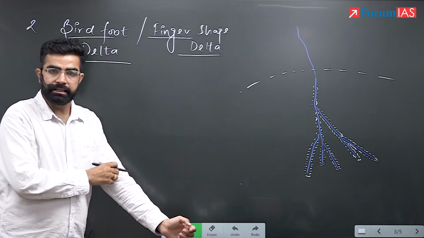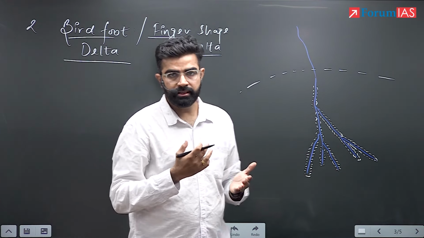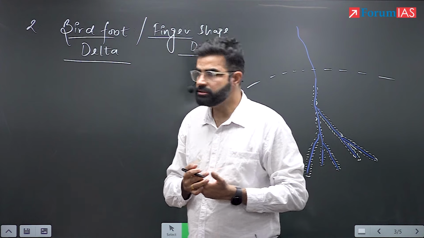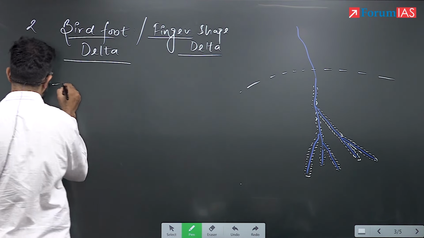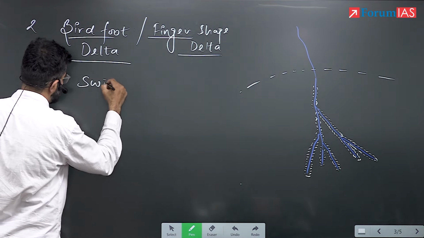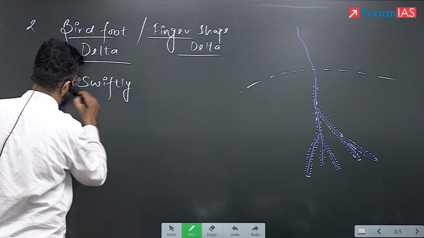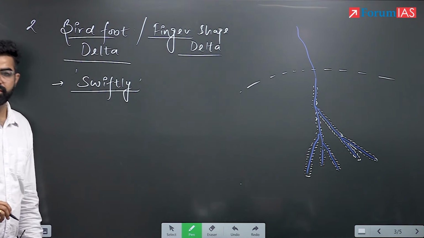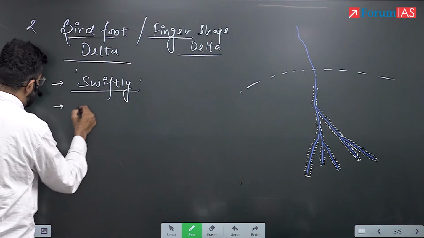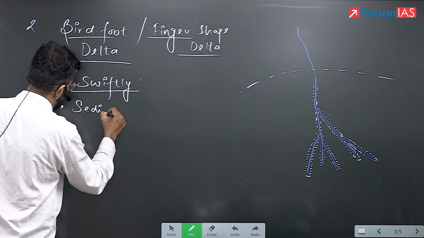Now, again, some conditions should be there in this type of delta formation also. So what are the conditions? We are assuming, number one, the river is flowing swiftly. Okay, somewhat speed is there with the water. The second condition, we will assume the sediments are finer.